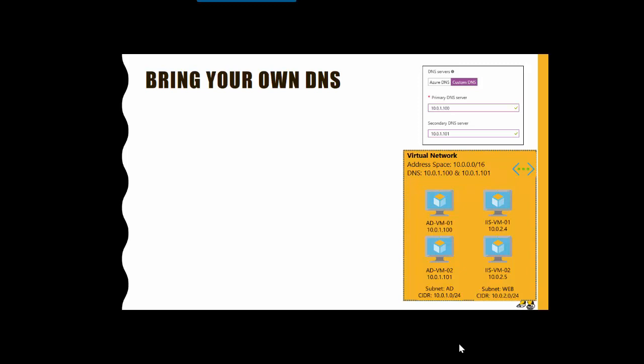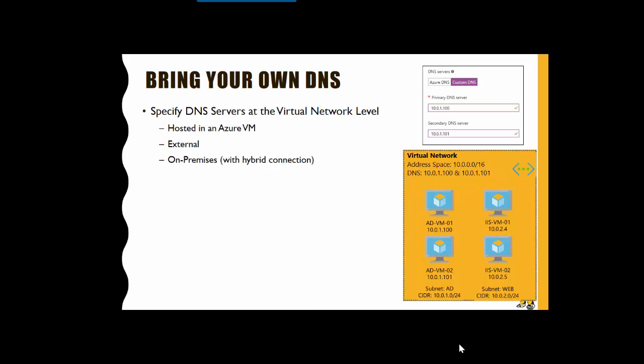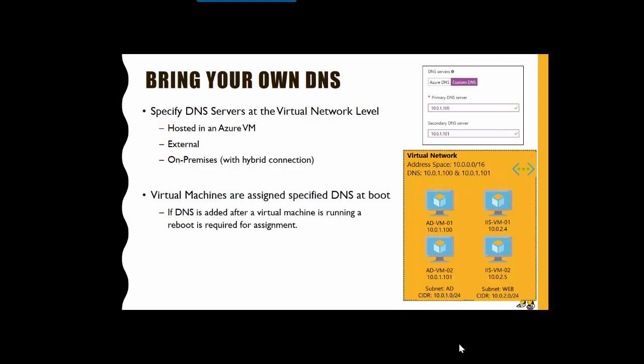The only thing you have to do is changing from the Azure DNS settings into custom DNS. So again, it can be hosted in an Azure virtual machine, even pointing to an external service, or if you already have site-to-site VPN, it could obviously also point to an on-prem running IP address.